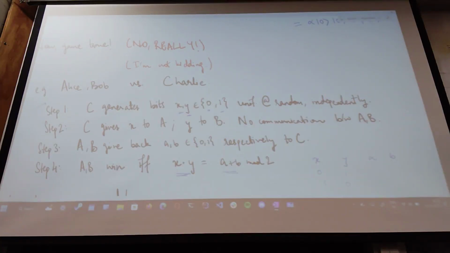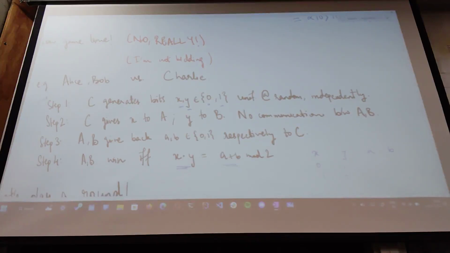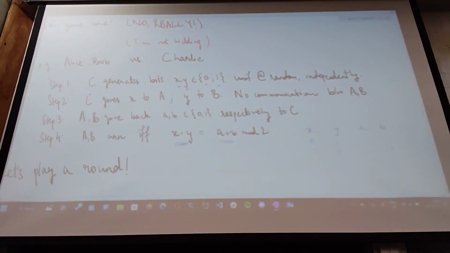And if x and y are both 0, then A and B must both be the same. So here's what the desired outcome of A and B should be if Alice and Bob must win. This should be a 0, a 0, 0, and a 1.